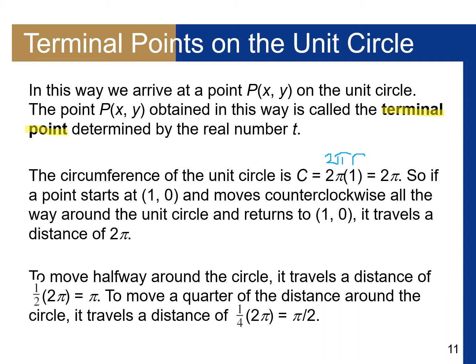So if we start at 1, 0, and we move counterclockwise all the way around the unit circle to return to 1, 0, it will travel the distance of 2 pi, which is in fact our circumference.